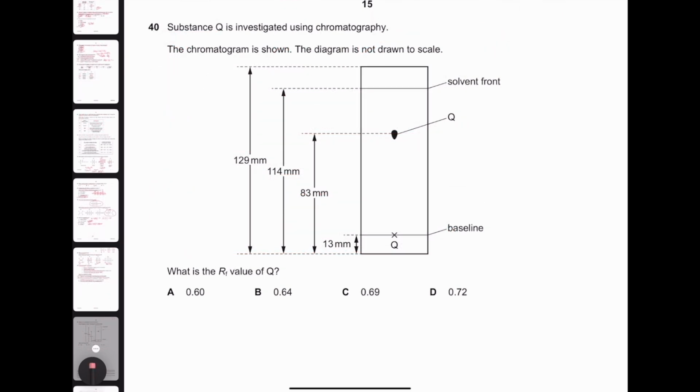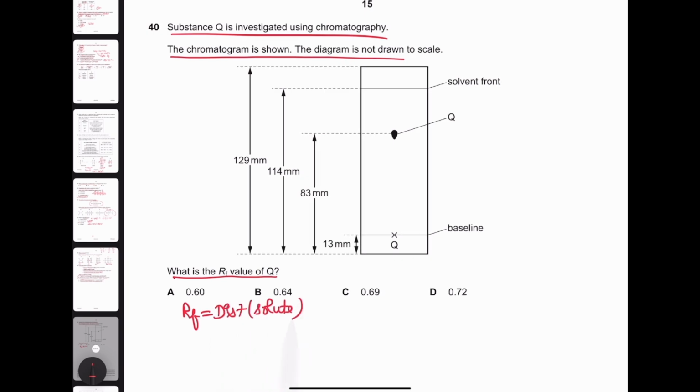Now, question number 40. Substance Q is investigated using chromatography. The chromatogram is shown. Alright. What is the RF value of Q? See, for RF value, we know the formula is distance traveled by the solute divided by distance traveled by solvent. Right? How much is Q traveling? Q is traveling from here to this point. And this distance must be 83 minus 13, you will subtract it. And what is the distance traveled by the solvent front?